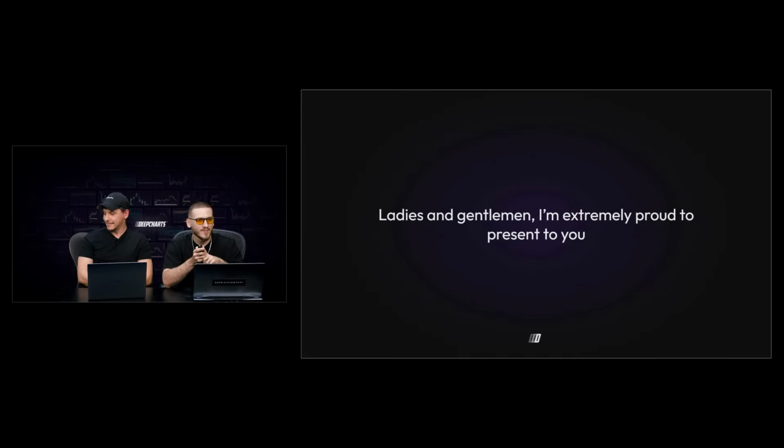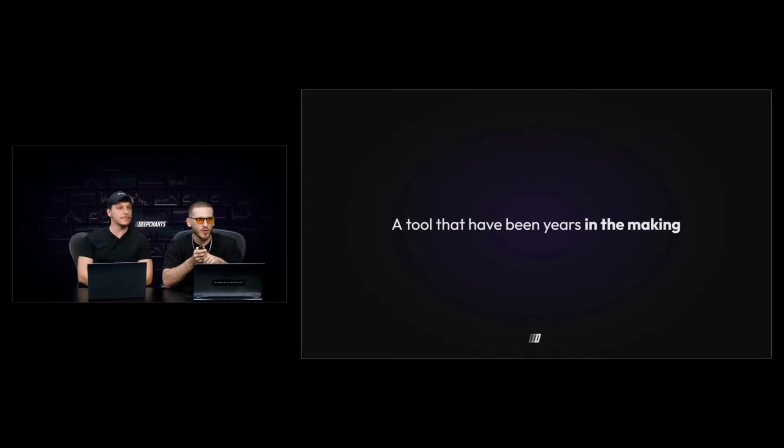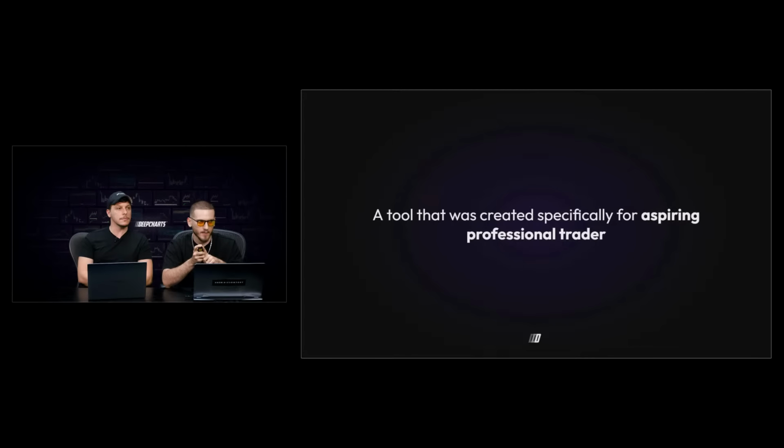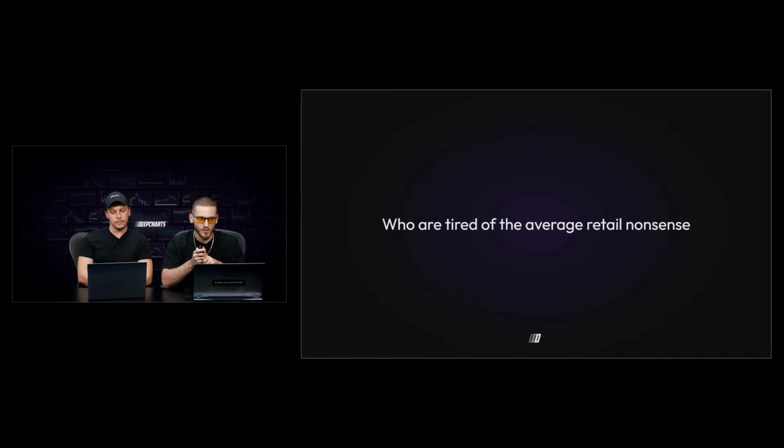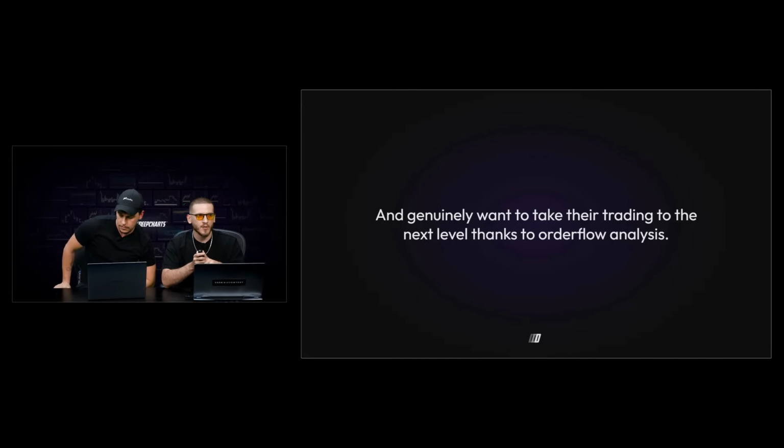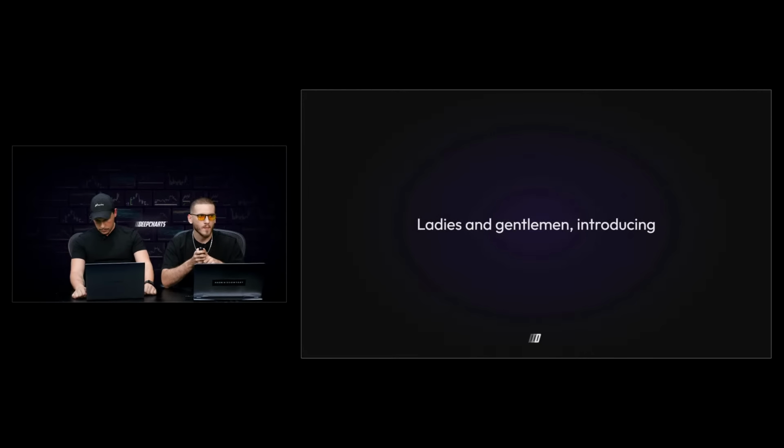Ladies and gentlemen, I am extremely proud to present to you a tool that has been years in the making, a tool that was created specifically for aspiring professional traders, not degenerate gamblers, who are tired of the average retail nonsense and genuinely want to take their trading to the next level thanks to order flow analysis.